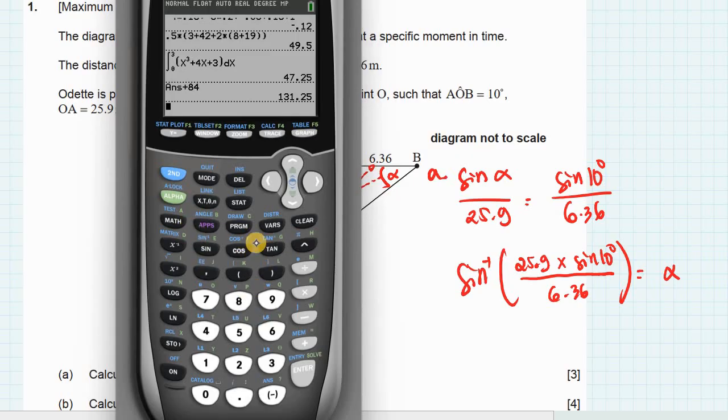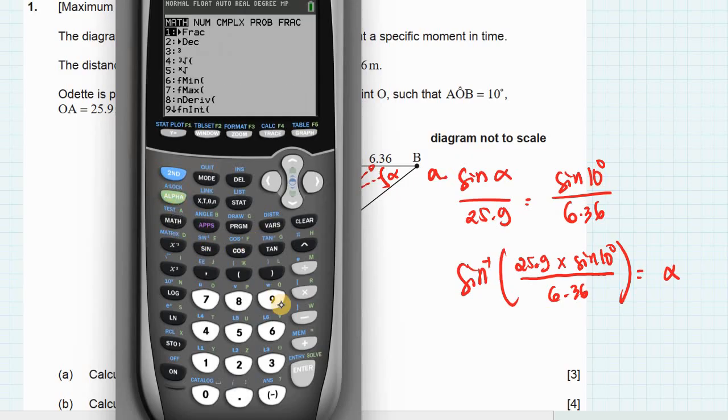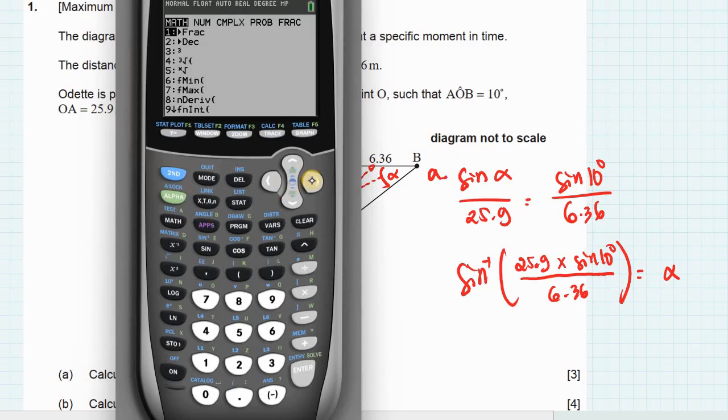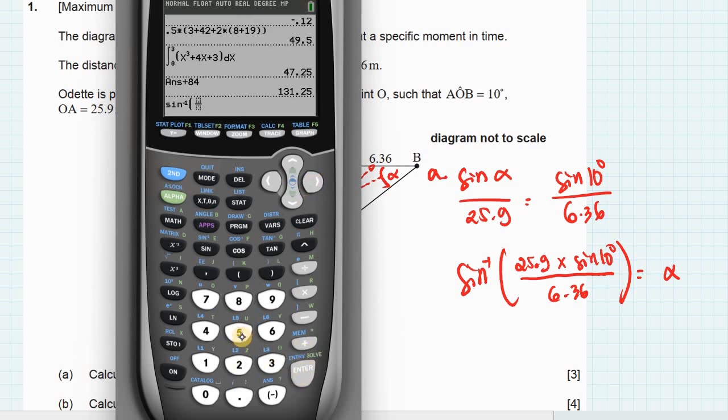So we have sin inverse, second sin, and then we have fraction as well. Okay, where is my fraction? There you go. 25.9 times sin 10 degree.